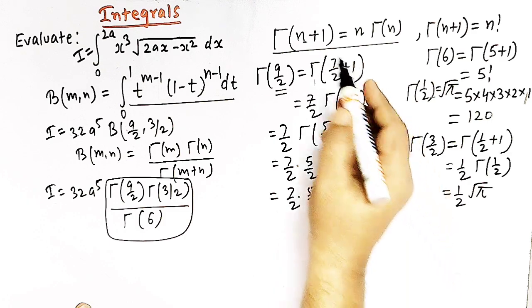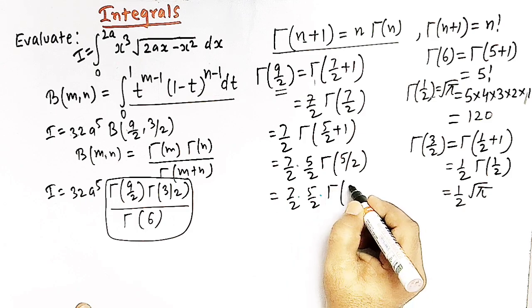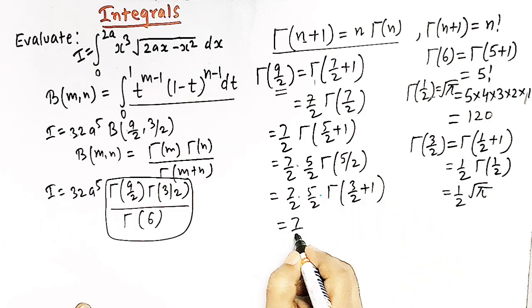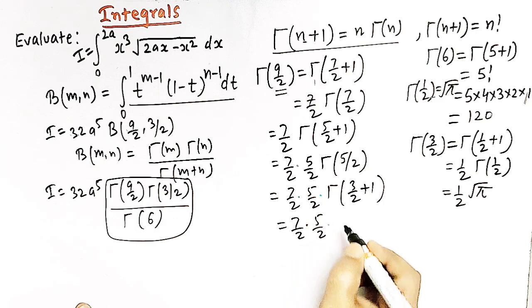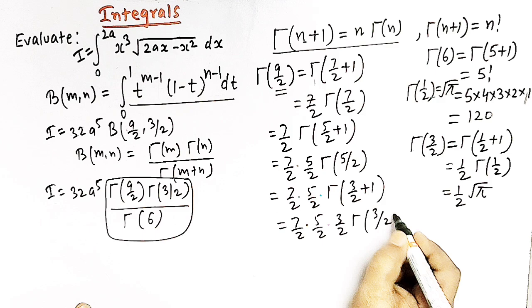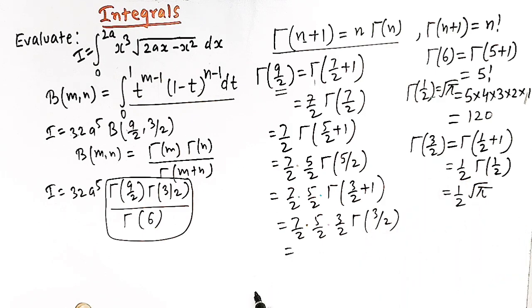And gamma 5 over 2 can be obtained again by using this result. We have gamma 3 by 2 plus 1. So this is 7 over 2 times 5 over 2 times 3 by 2 times gamma 3 over 2. Now gamma 3 over 2 is half times square root of pi.